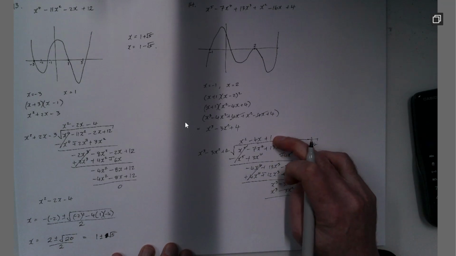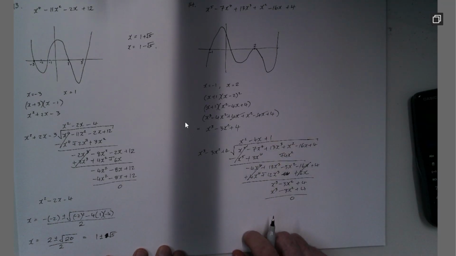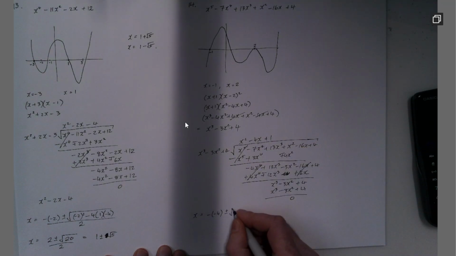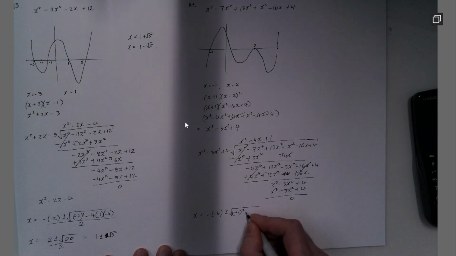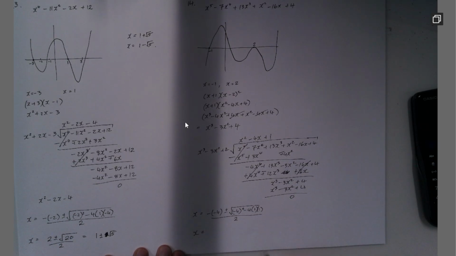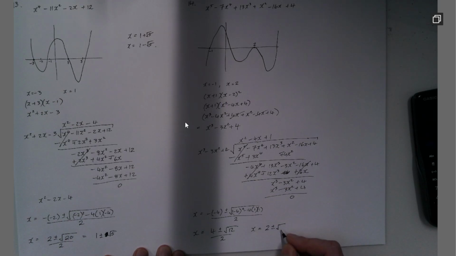Next, the quadratic gives us the non-integer roots. We use the minus b formula. So x equals 4 plus or minus the square root of 16 minus 4, over 2. That gives 4 plus or minus the square root of 12, over 2. So x equals 2 plus or minus square root 3.